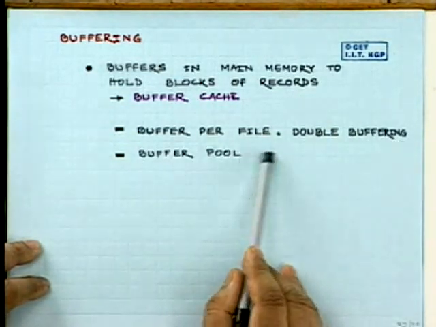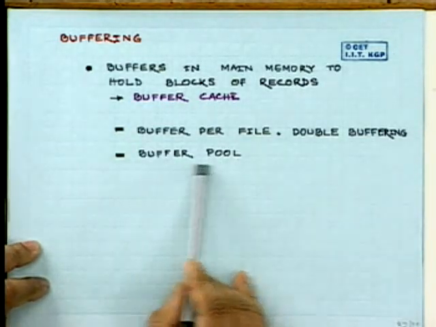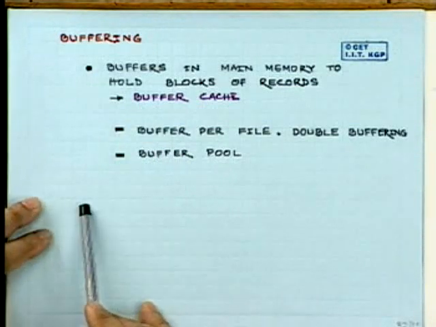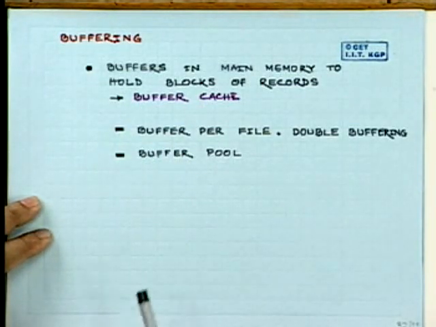But more frequently what is used is a buffer pool, which means the system keeps a pool of buffers to be shared amongst all the files that have been opened. If you keep a pool of buffers, we'll have to keep track of which particular buffer is being used by which particular file.